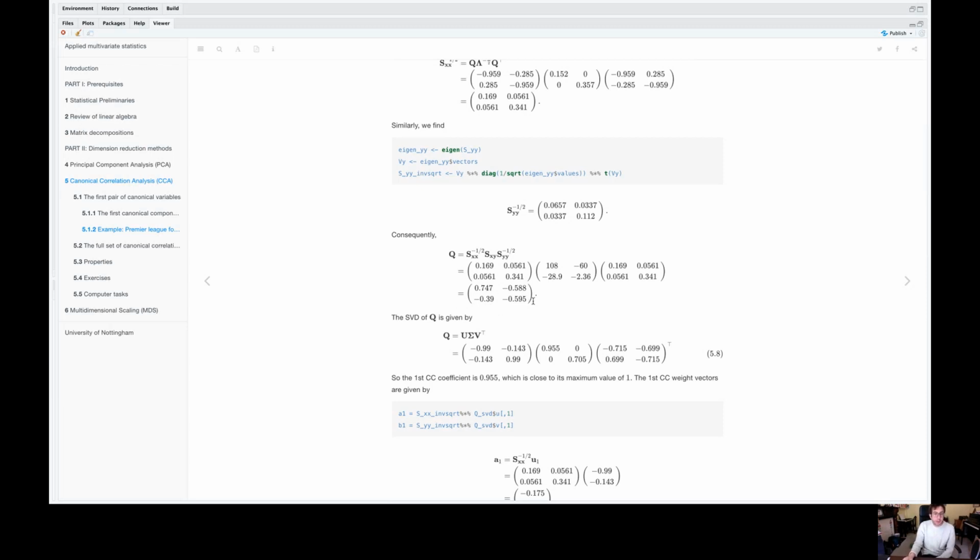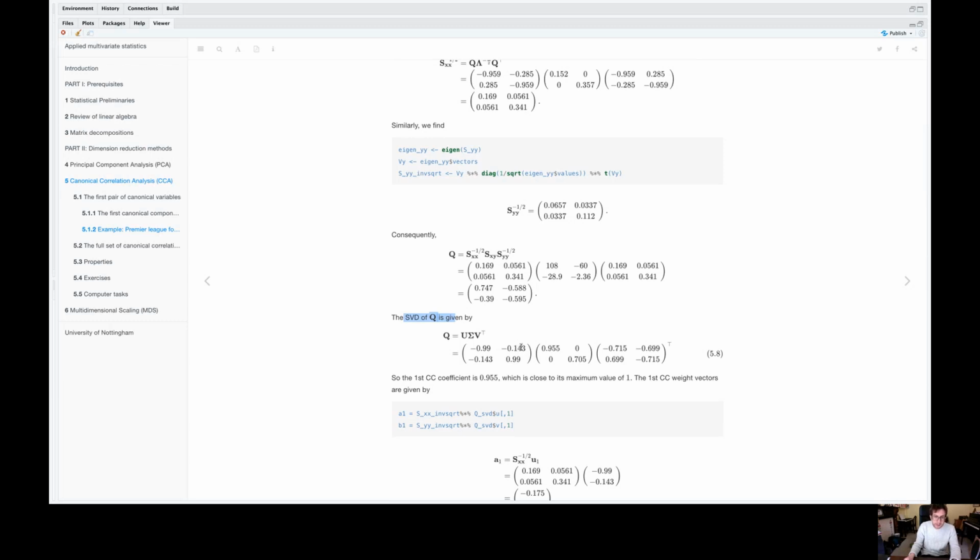So what the theorem we looked at says is that the first canonical correlation vectors are given by the left and right singular vectors of Q. So if we work out the singular value decomposition of Q, we get expression 5.8 here. This is the first left singular vector. This is the first right singular vector.